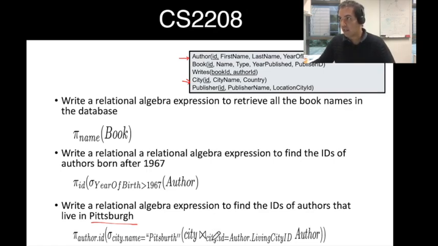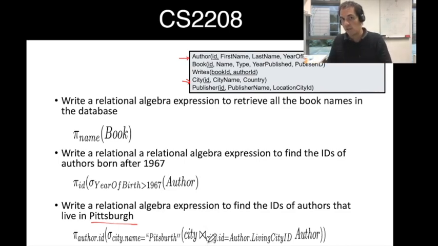In this particular case, you have to be really careful not to be confused with the natural join, because the natural join will be using the ID of the city and the ID of the authors. That's not really what we need in order to combine the two tables. So if you write only the natural join, that would be a very important mistake, because the meaning of the IDs are not the same.